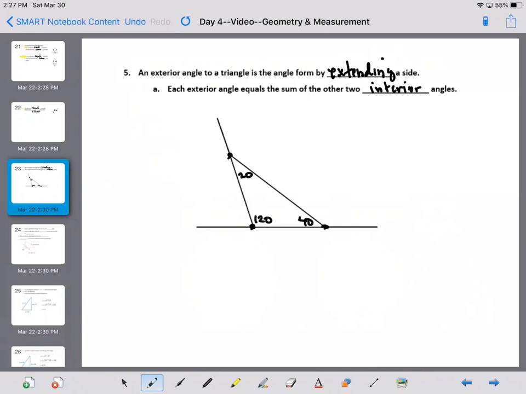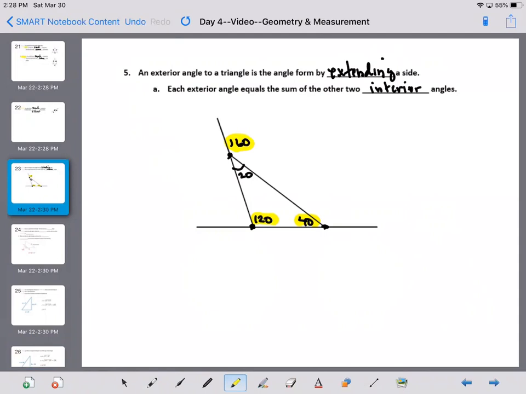All of them add up to 180. Well, this one's 20, so that means this exterior angle has to be 160. Notice that 160 is equal to 120 plus 40. This exterior angle is equal to the sum of the other two remote interior angles.